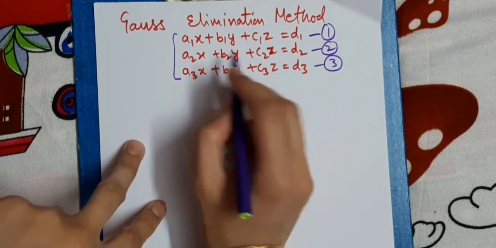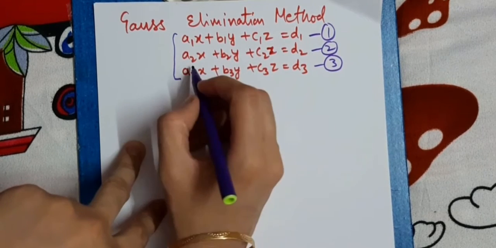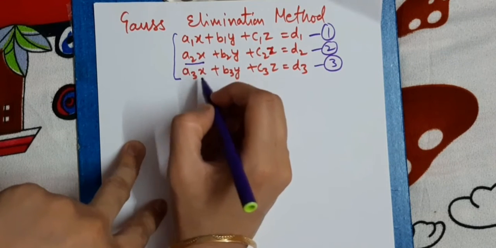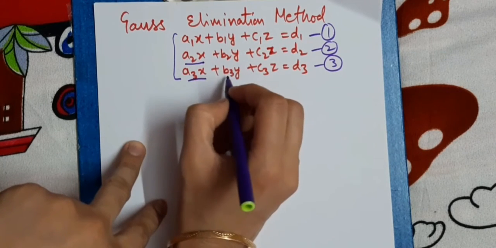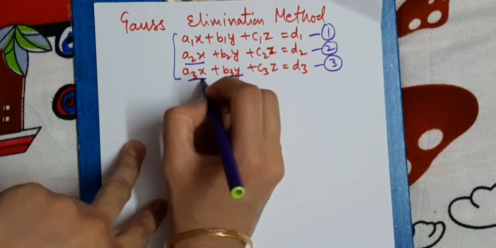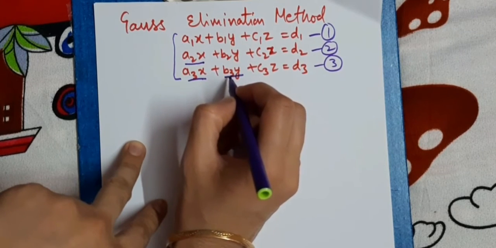First we will reduce this system into an upper triangular system, which means we have to eliminate x from the second and third equation, and eliminate y from the third equation.